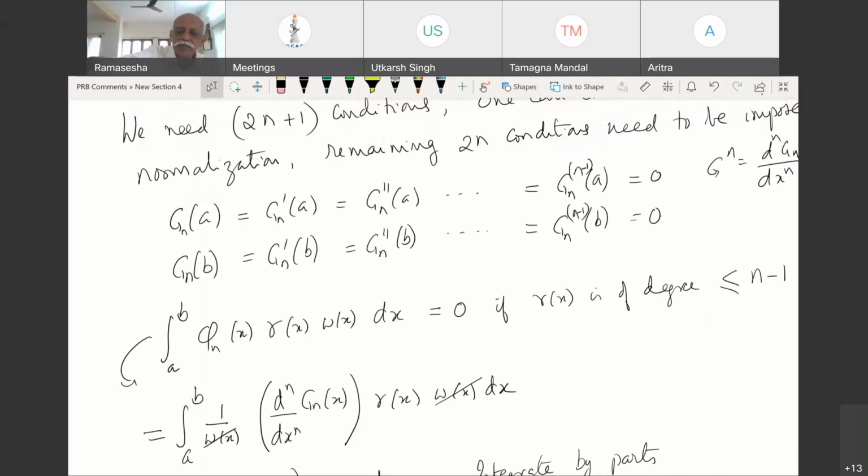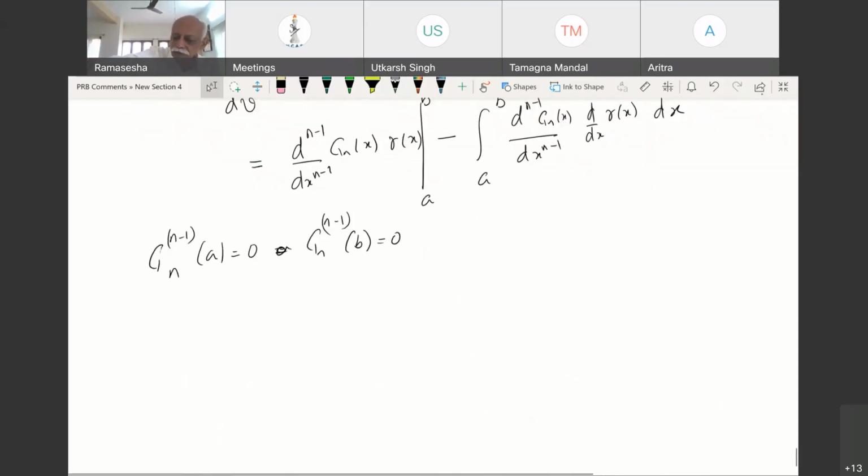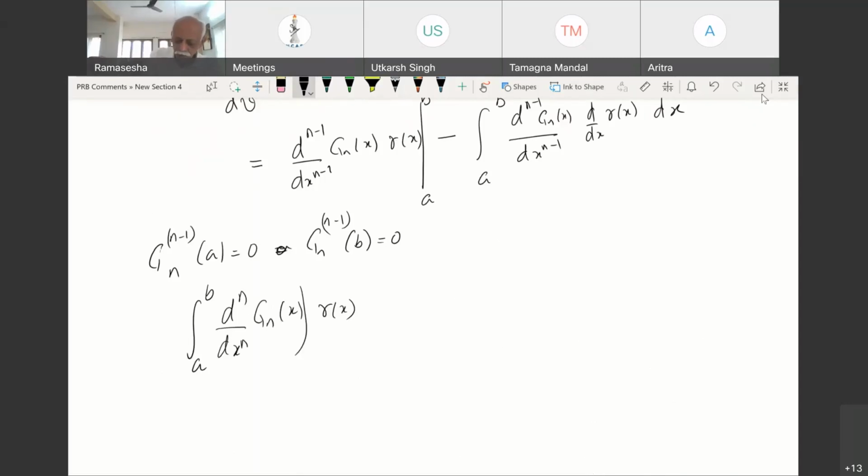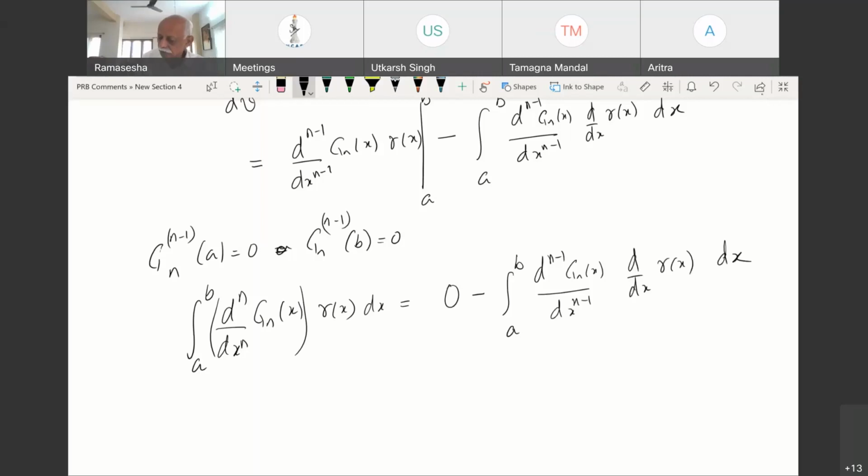So when you put that condition, what you will get is the integral from a to b of d^n/dx^n g_n(x) r(x) dx is equal to 0, because the first term is 0, minus the integral from a to b of d^(n-1) g_n(x) by dx^(n-1) times d by dx of r(x) dx. Is that clear? Just integration by parts. The first term will be 0 because of the boundary conditions that we have imposed. Now let us look at the second term.